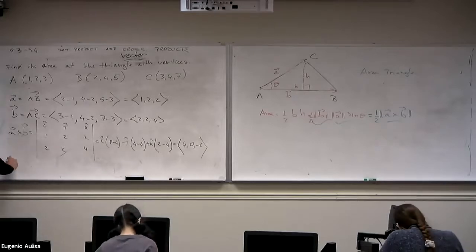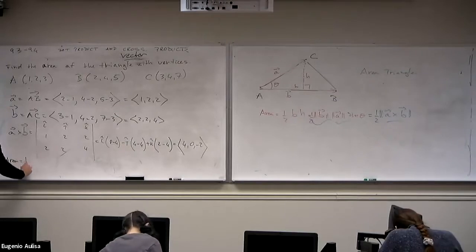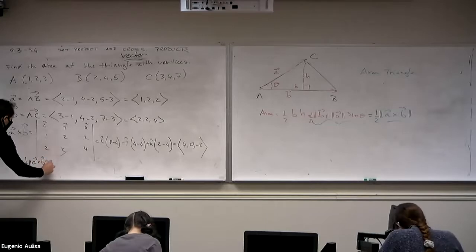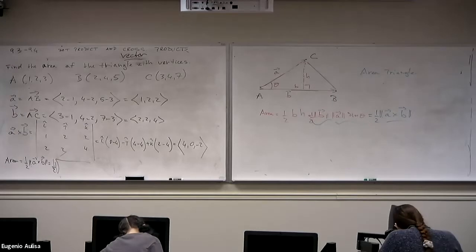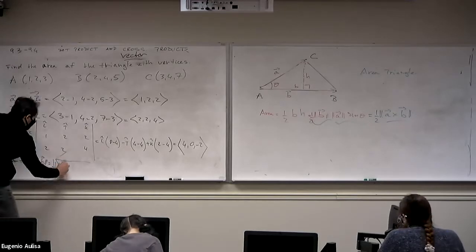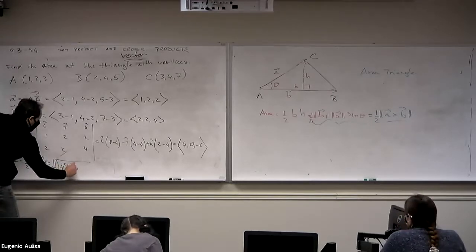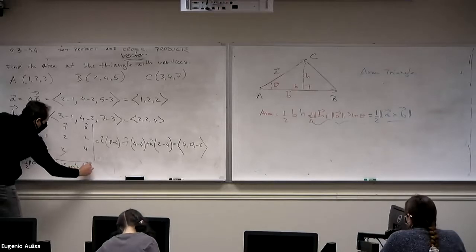So the area is going to be 1/2 the length of this vector. So it's going to be 1/2 square root of 4 squared plus 0 squared plus (-2) squared.